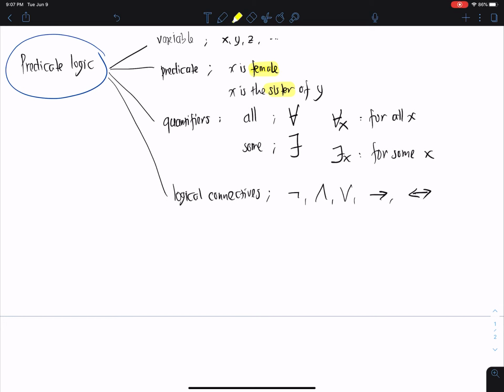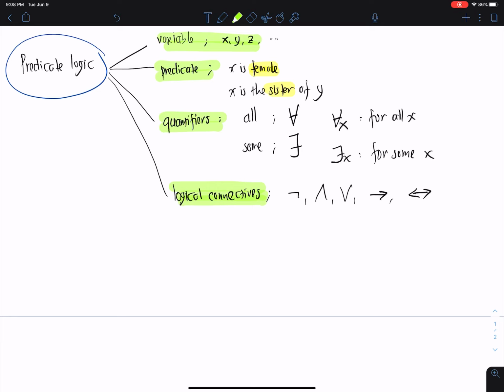And here we already highlighted the 4 things about predicate logic itself. We can have variables, we can have predicates about an object, we can state quantifiers, and the logical connectives are the basic thing that is similar to what we have in propositional logic.